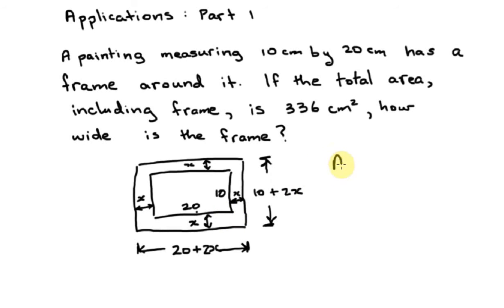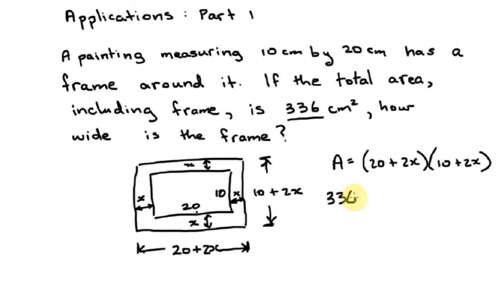So I know the area of any rectangle is equal to the base times the height. So this is going to be 20 plus 2x times the height, which is 10 plus 2x. But I also know that this expression is going to equal 336. So this gives me a solvable equation.